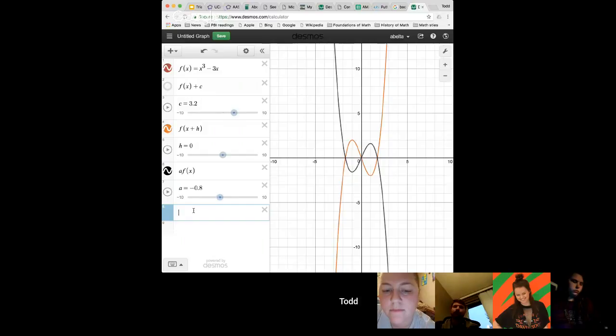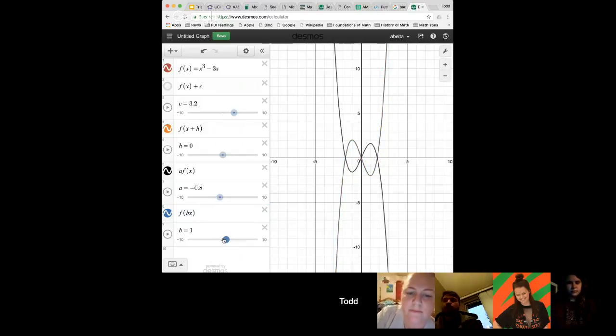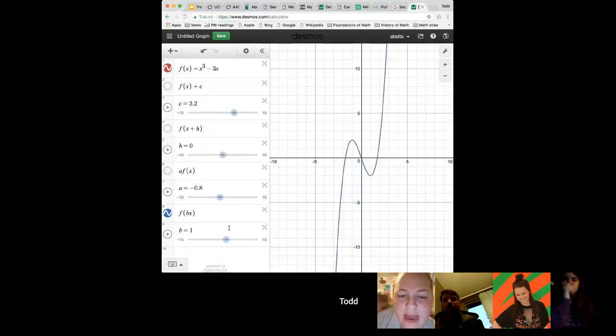now the next question then is, what if I multiply by the input? So do you want to make a prediction? I think it's going to stretch the opposite way. You think it's going to stretch horizontally or vertically?